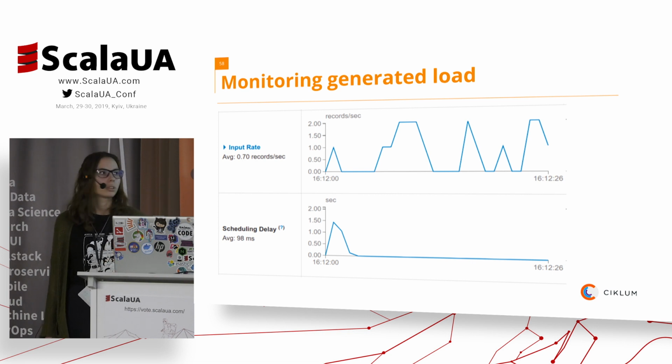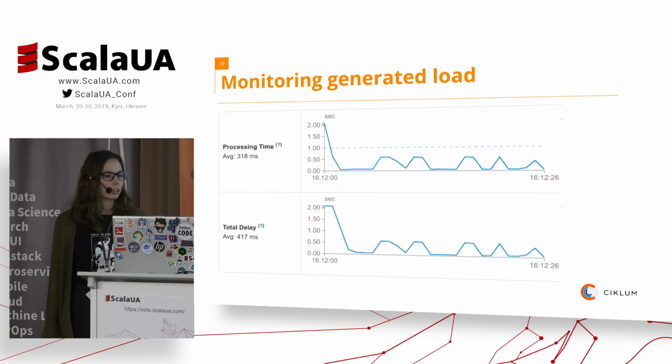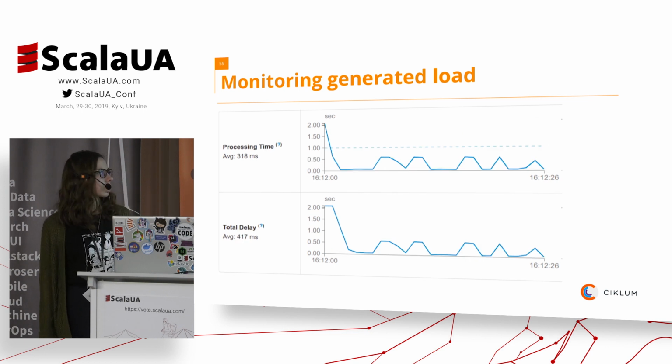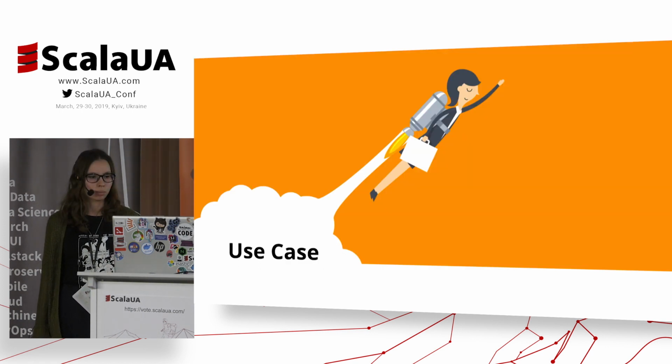So, for example, it means that we might change our batch interval, or there is some kind of trouble with our processing. And again, you can see that these graphs are almost the same, except for the beginning of the graph, where we had this load, and we can see that the total delay now is different in comparison to processing time.